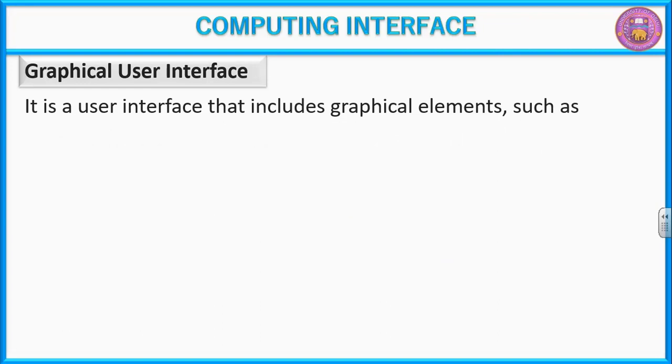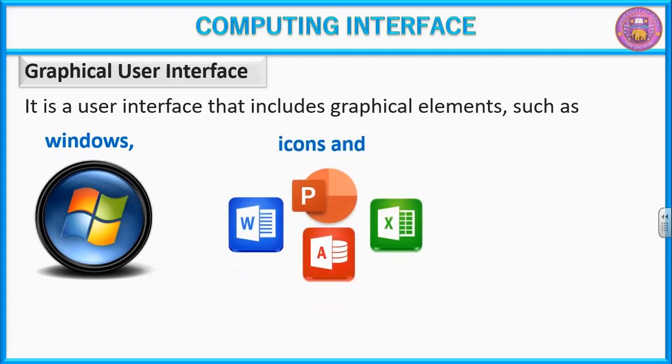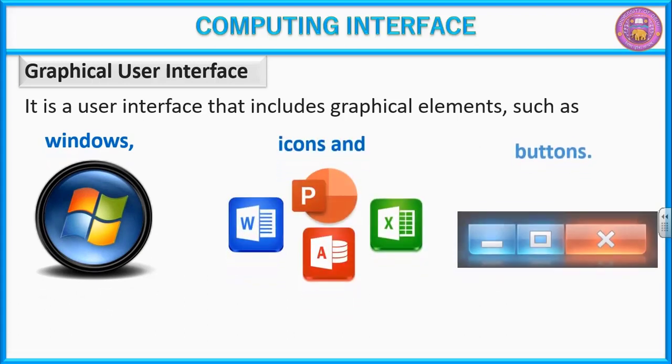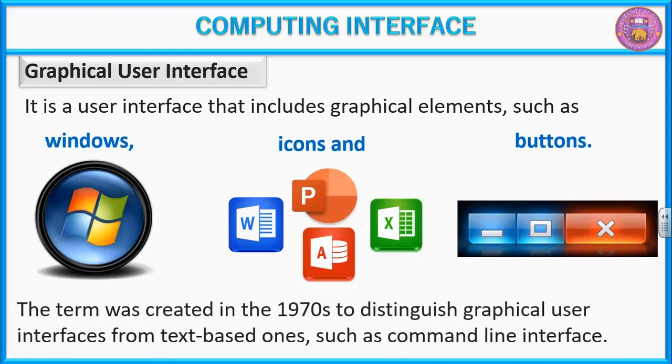It is a user interface that includes graphical elements such as windows, icons, and buttons. This term was created in the 1970s to distinguish graphical user interfaces from text-based ones, such as command line interface.